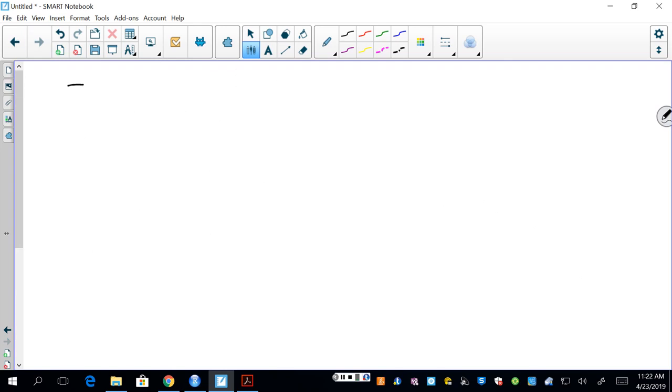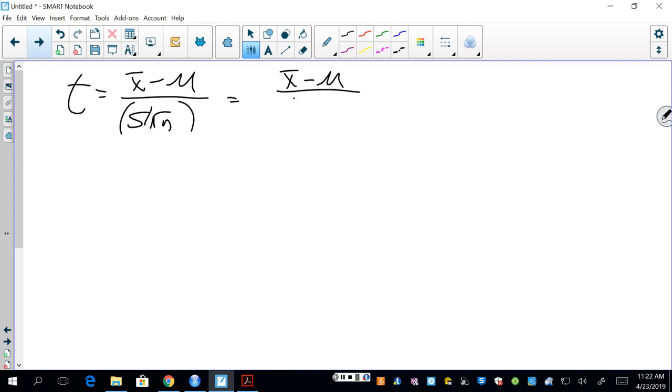But this t, which is x bar minus mu over s over the square root of n, can be rewritten a certain way. So there's a sigma over the square root of n there. That's our standard normal.